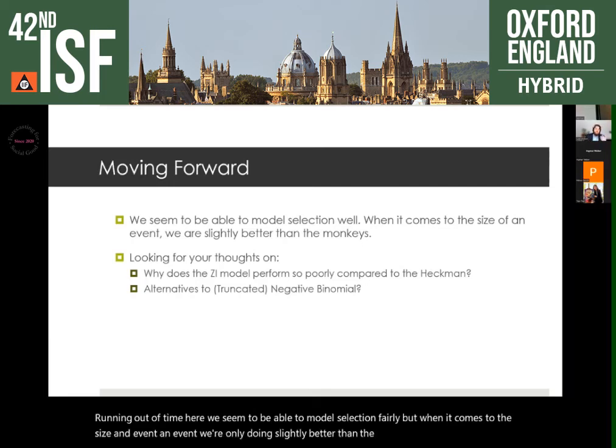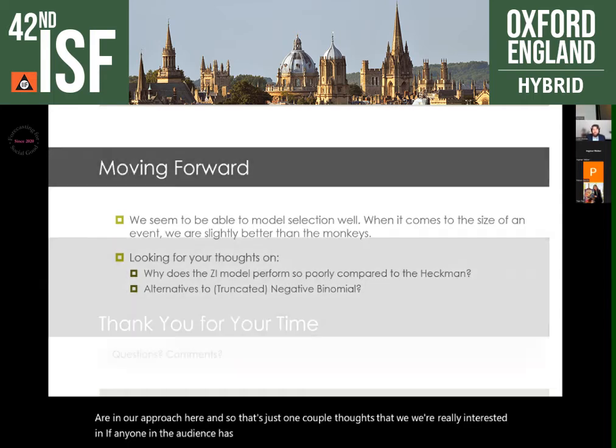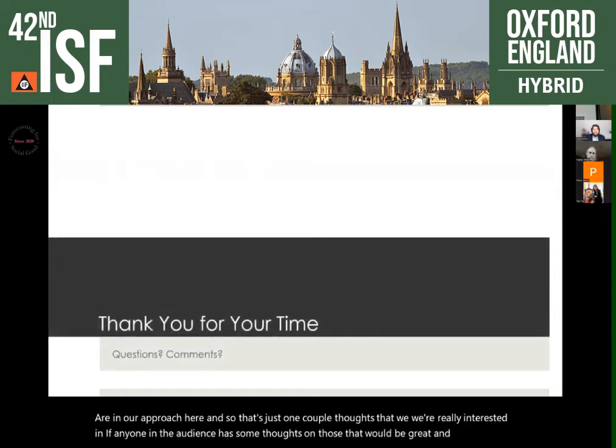We're always interested in more feedback, particularly on why the zero inflated model, the model that puts it all together, performs so poorly compared to the Heckman model, and whether there are alternative standard statistical modeling approaches that we haven't thought about. Those are a couple of thoughts we're really interested in. If anyone in the audience has some thoughts on those, that'd be great. And that's all I have for y'all. So thank you.